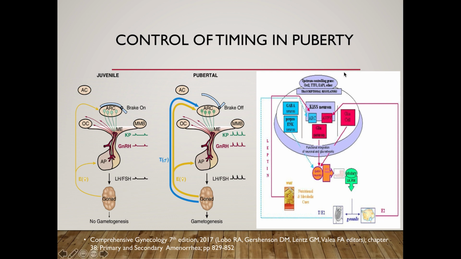The upstream controlling genes are OCT2, TTF1, EAP1, and others. These are transcriptional regulators of subordinate genes required for cell function and cell-cell communication of neurons and glial cells, which compose a functional network. The Kiss1 system directs this network, and it also connects it to the peripheral systems such as the gonads and the nutritional status.